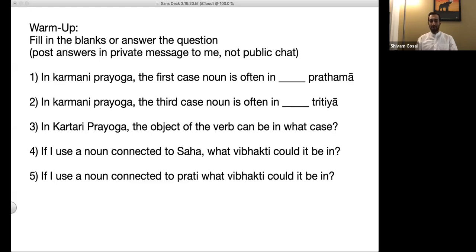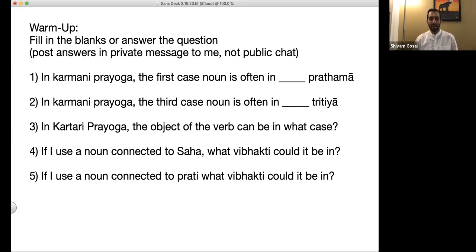So when we're in Karmani Prayoga, the first case is often also Karmani. It's the first case in the sense of the object. We would say like Gajaha Drishyate, the elephants are seen. The elephants would be in the first case, the object of seeing.